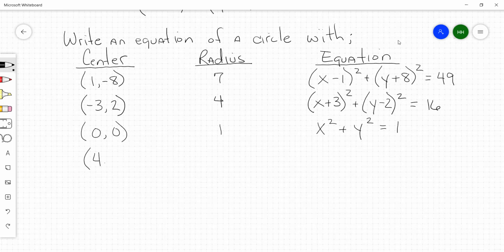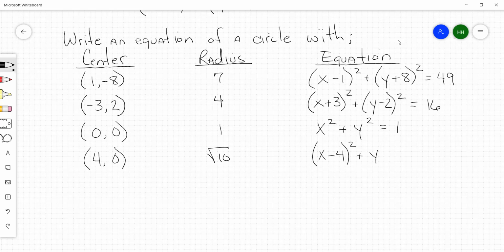Now (4, 0), with a radius. Let's say the radius is the square root of 10. We'll start this off with (x minus 4) squared plus. If that y value at the center is 0, it looks just like the previous equation.